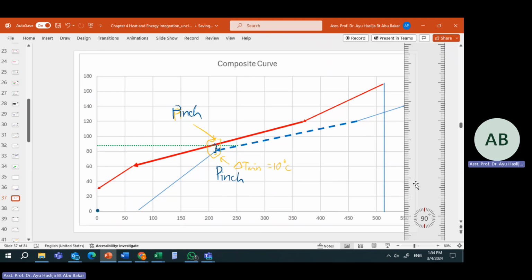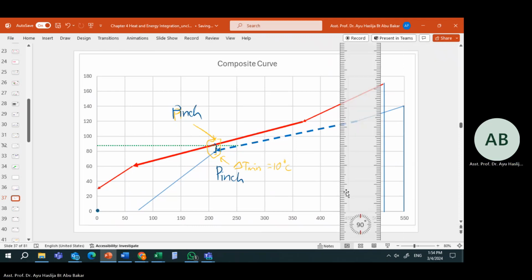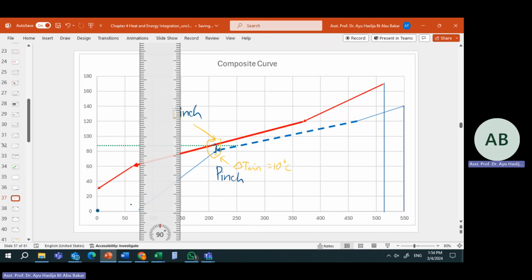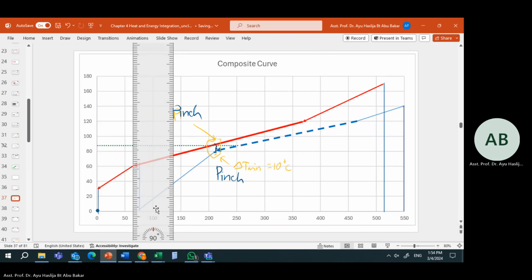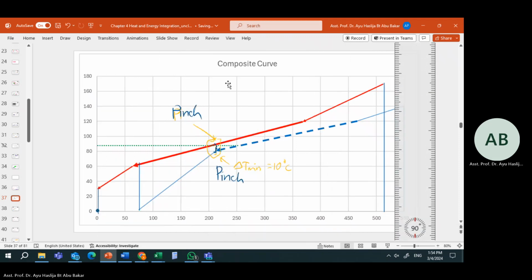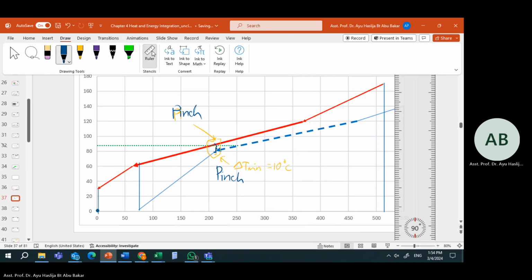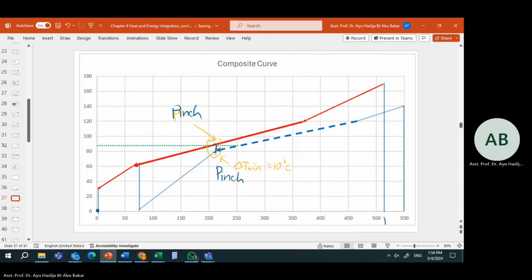This is your QH min. This part is your QC min.